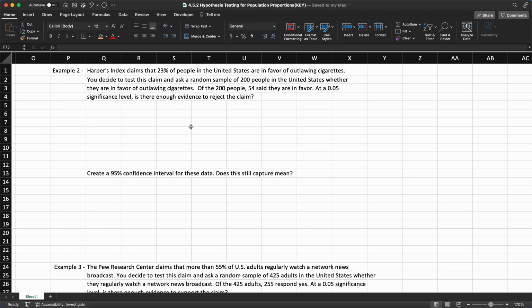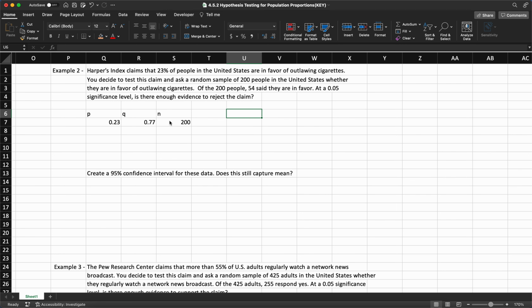So the first thing we have to do is make sure that we know we can use the methods that we used in example 1 here. So I need to know what P is, what Q is, and what N is. In this case, P is the historical claim, and that is 23%, so 0.23, which would make Q 1 minus 0.23, or 0.77, and N here is I sampled 200 people.